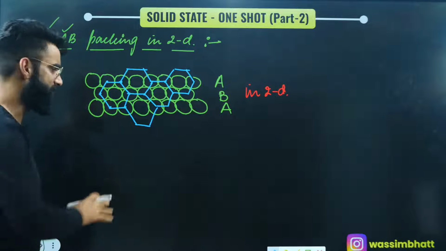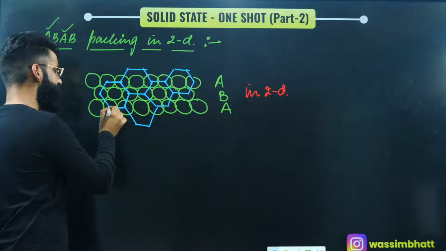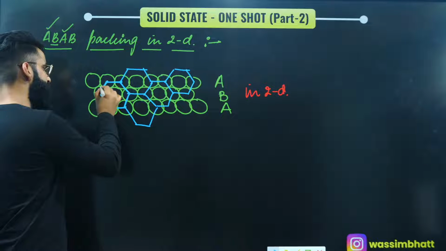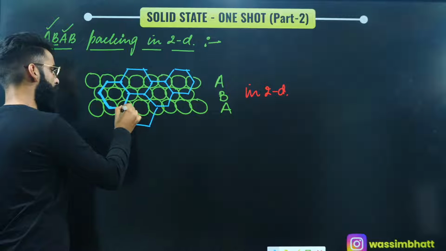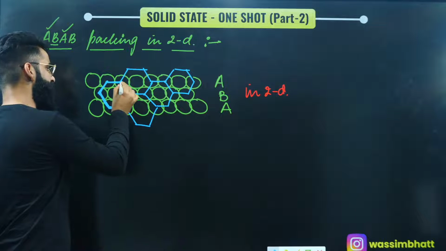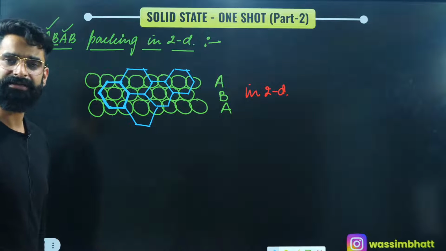So on repeating this particular hexagon along all the axes, I'll be generating the whole crystal lattice. And that basic structural unit, which on repeating along all the axes generates the entire crystal lattice, I'll call the unit cell.